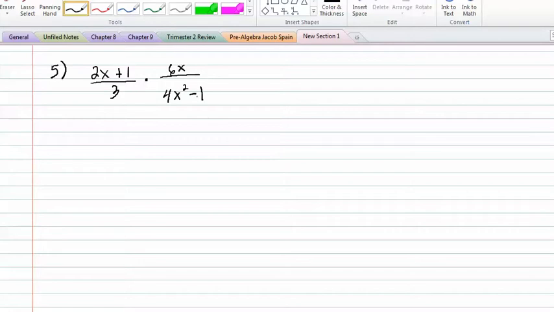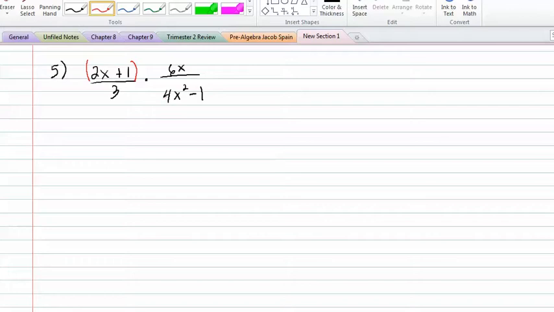Alright, so this we have to add just a little bit more to. So I'm going to go ahead and put my quantity here. I'm going to look and see if there's anything that I could take out of this quantity. I can't. Look at the 6x, I can't take anything out of there. I've got a 3 at the bottom.